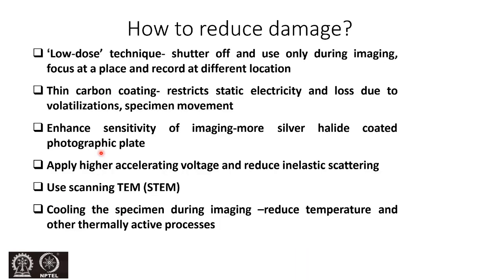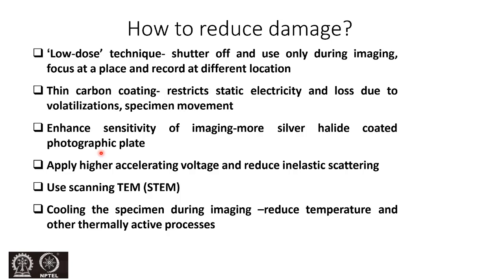Then how to reduce this damage? Suppose we are using a polymer. In that case, we have to use a very low electron volt beam. In the SEM, we have the option of reducing the power of the beam, and the same with the TEM. The low dose technique, that is the shutter off method, we can use, and with that we can image the material.